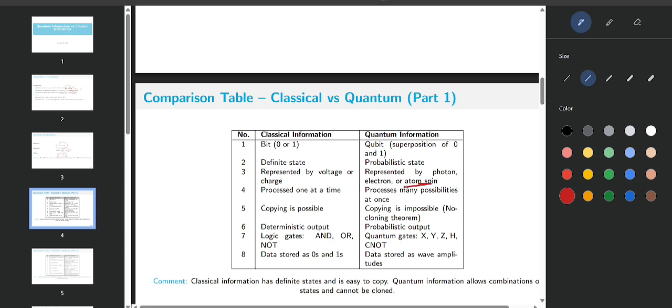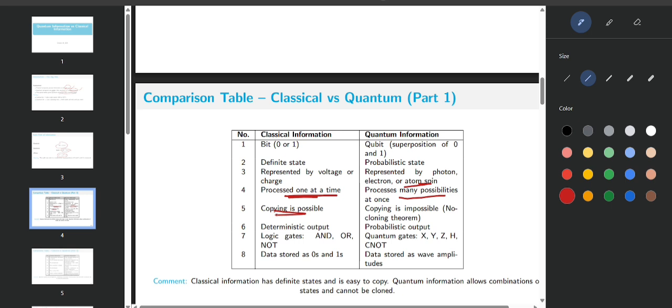What are those tiny particles? Photons or electrons. So this you need to remember. Classical computers do one task at a time, whereas quantum computers can process many possibilities at a time. It is due to superposition.